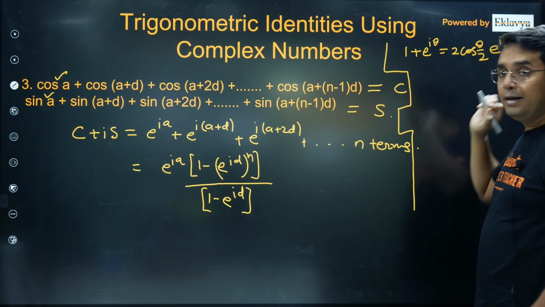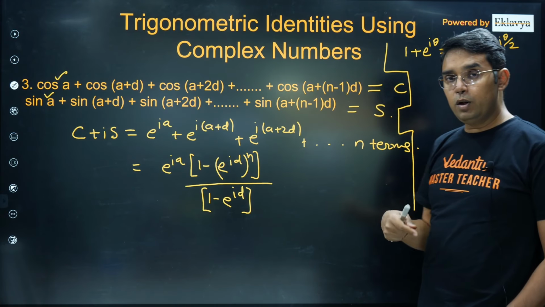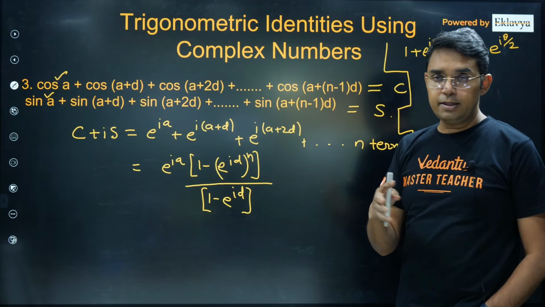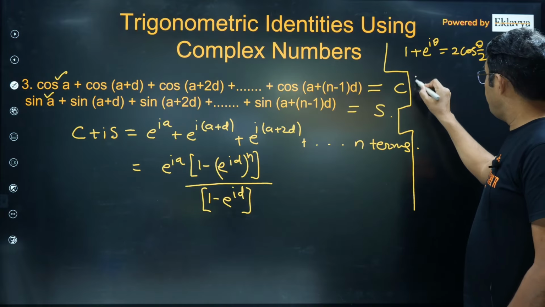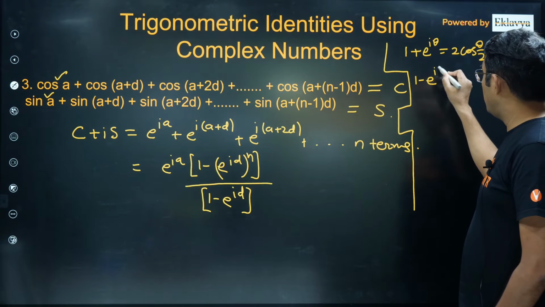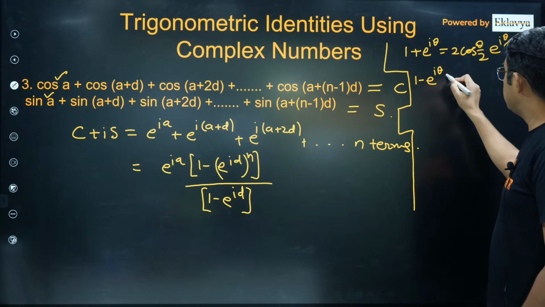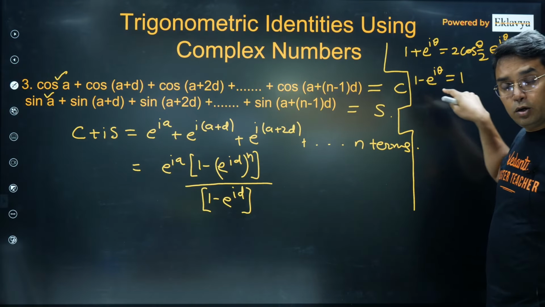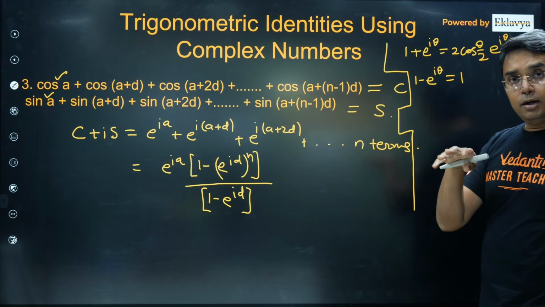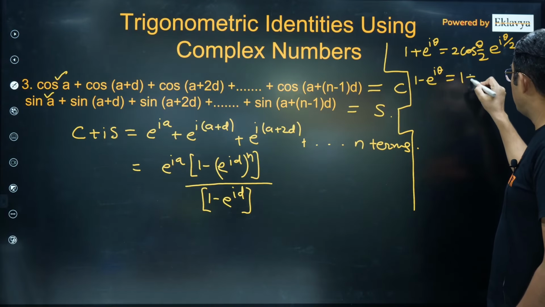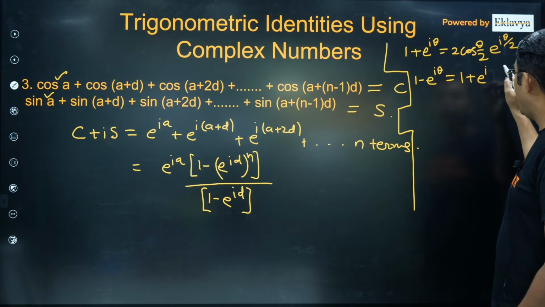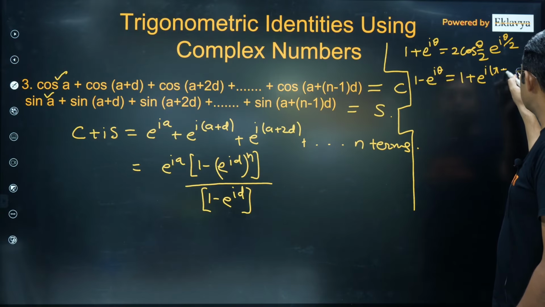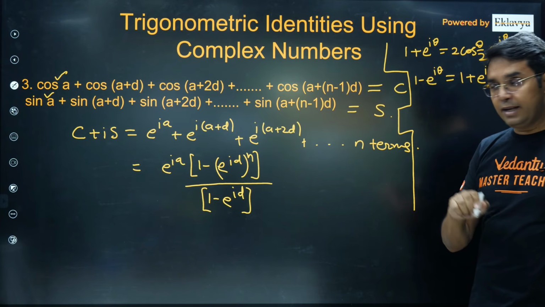You can derive it by writing e^(iθ) as cos θ plus i sin θ, and then doing some trigonometric calculation. If you're looking for 1 minus e^(iθ), although you can derive this also with the help of trigonometric results, I would like to tell you it is actually the same thing as we have written here, e^(iπ+θ), because e^(iπ) is minus 1.